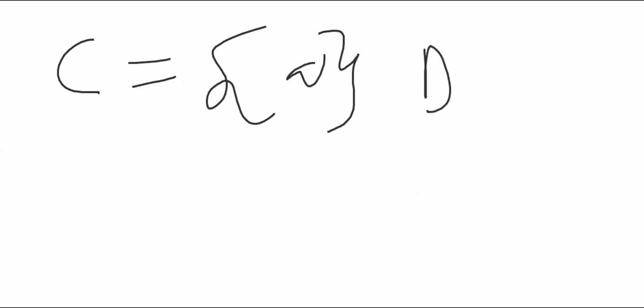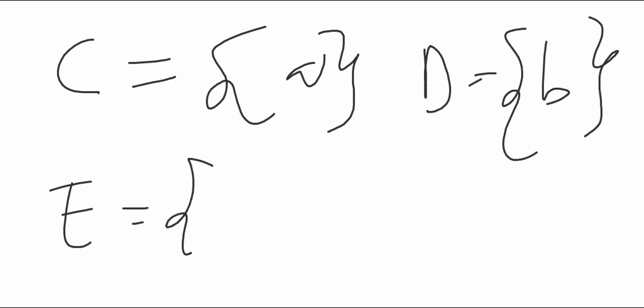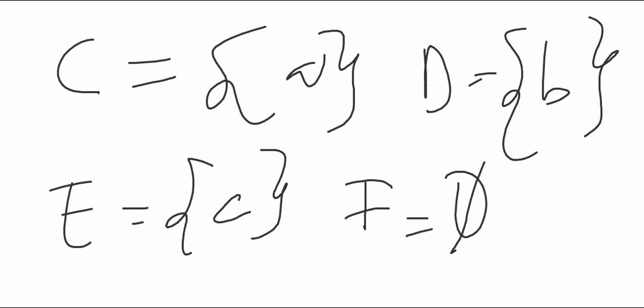Let's say set C is A, set D is B. Oh, sorry, that was supposed to be B. And set E, for example, is C. Then we have another set F, which is this. Set F, I'm sure everybody knows, is an empty set.